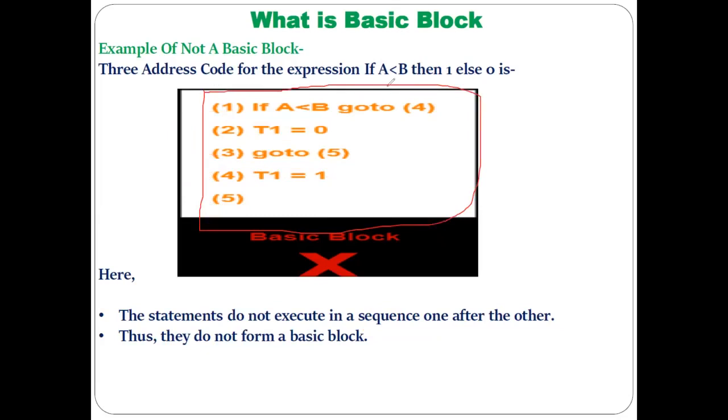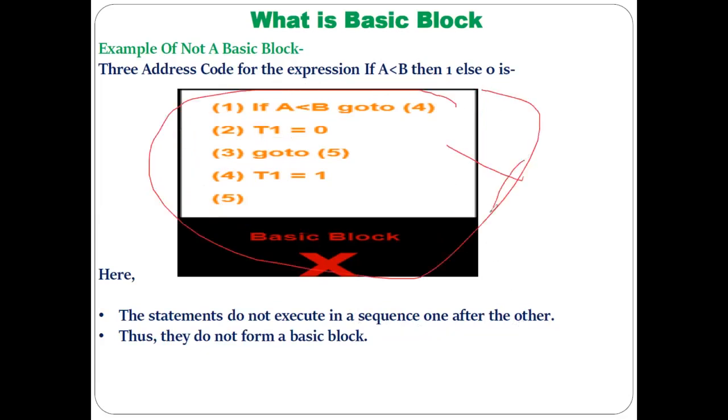As you can see, if A is less than B is true, then 1, means directly control will go to the fourth instruction. But if it is false, then second, then third, but again from the third directly to the fifth. So in both cases, the execution is not happening in sequence one after the other. That is the reason we cannot call this particular sequence of statements a basic block.